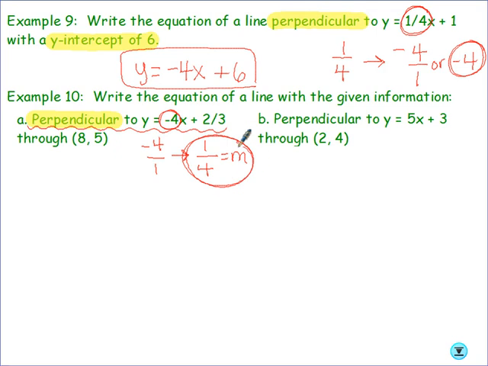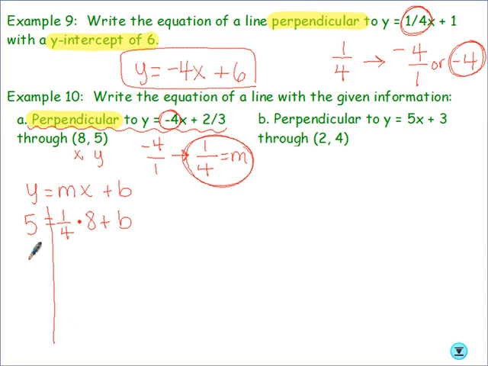Now that we have m, and we have x and y, we can use y equals mx plus b. Y is 5. M is 1 over 4, times x is 8. Put up our line. 5 equals 1 divided by 4 times 8, which gives you 2 in your calculator.